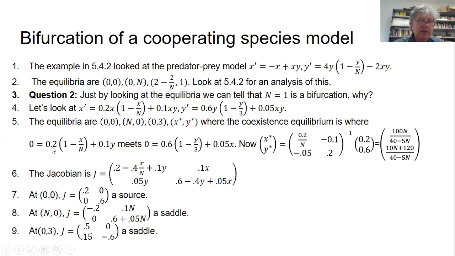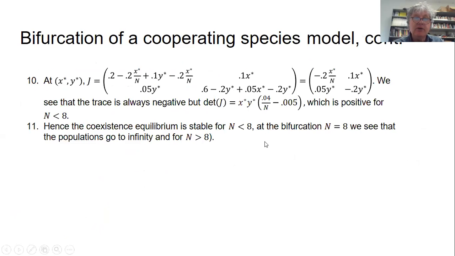So by definition, 0.2 times 1 minus x star on n plus 0.1 y star equals 0, and 0.6 times 1 minus y star on 3 plus 0.05 x star equals 0. So we can make part of the Jacobian equal that stuff, which we know is going to be 0, and so we get a simpler Jacobian matrix. Simple enough so that you can figure out what the trace and determinant are. So for a start, the trace is always going to be negative because both terms in the diagonal are negative.